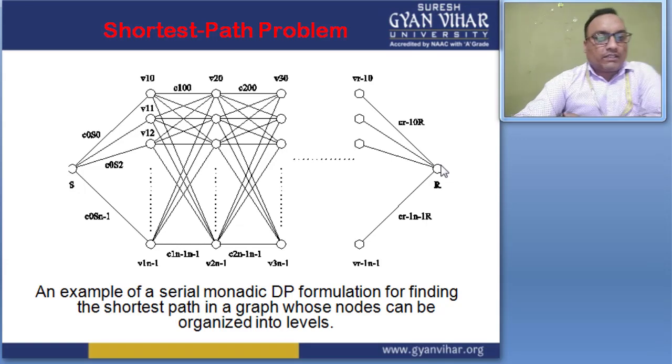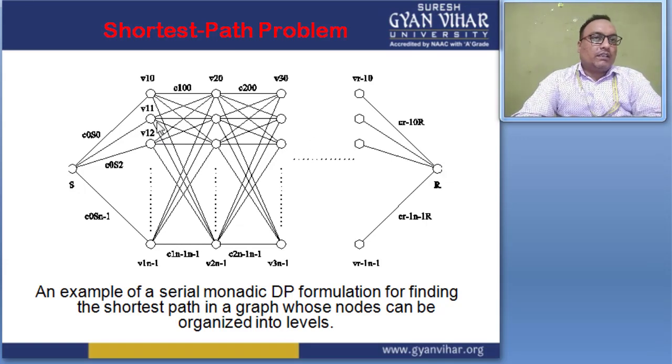For solving this problem, V10, V11, V12 are the different destinations at the first level, V20 is the second, V30 is the third, and similarly up to Vr-1. All the routes and all the costs associated with it will meet at a point R also.